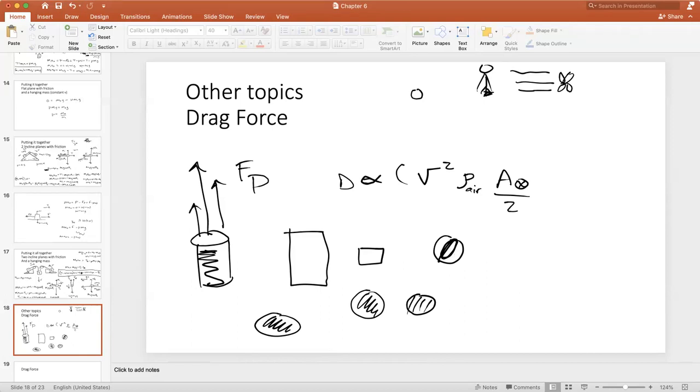Water would have a different drag coefficient than, you know, a piece of leather or something. So what we say is the drag force is C V squared, the density of air, the cross-sectional area of the object divided by 2.